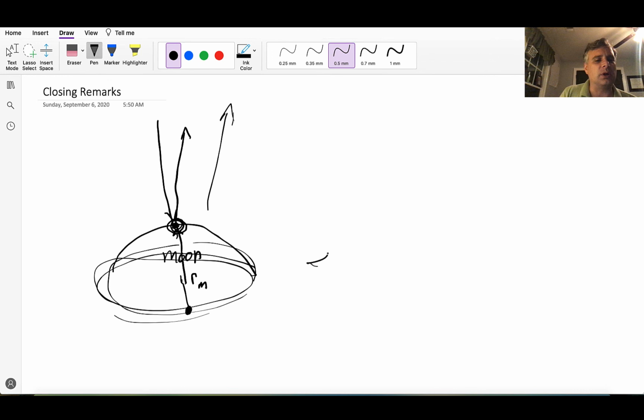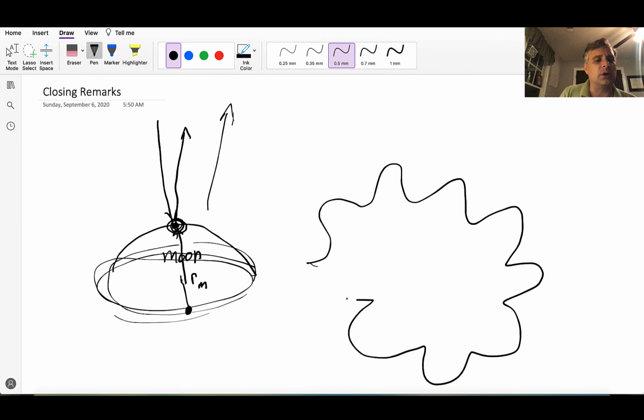So let's do a quick thought experiment. What if I had an undulating moon, an amoeba moon? Would I still be able to use geometrical optics on this? Well, the answer is probably.